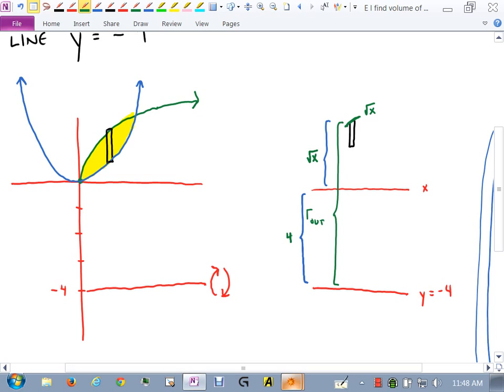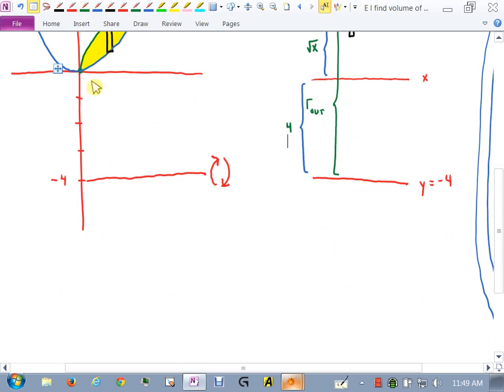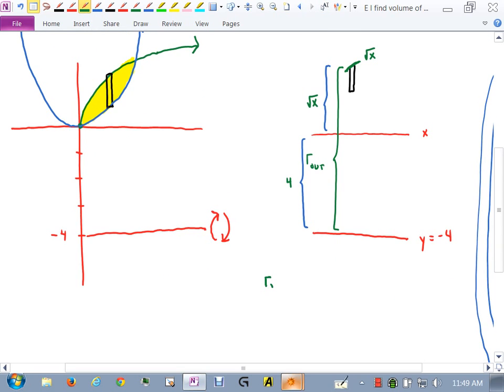But let's get it right in terms of talking about a distance. Okay, so that R out then is really what? I'm going to write it down below this. The R out is actually the square root of x plus 4. That's your outer radius. Y'all following that?